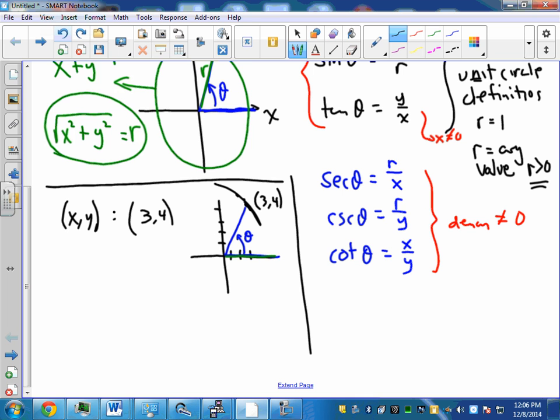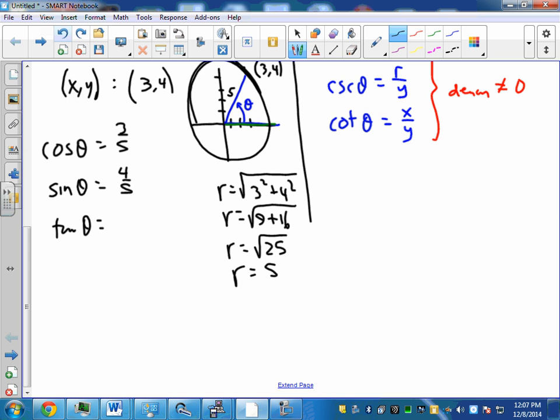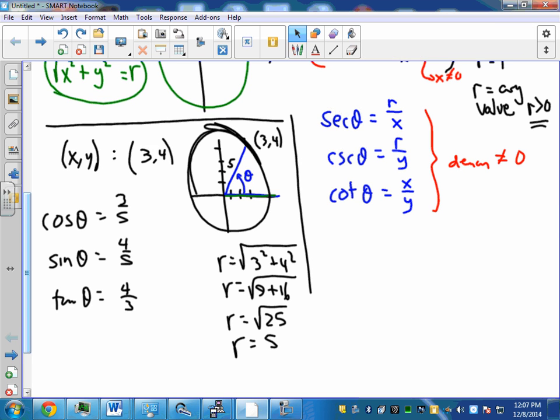It should be clear that this point lies on a circle of radius 5. r is the square root of 3 squared plus 4 squared. r is the square root of 9 plus 16. r is the square root of 25, and r is 5. So cosine of theta is 3/5. Sine of theta is 4/5. And tangent of theta is going to be 4/3, y over x. Okay, so that's a point in the first quadrant.